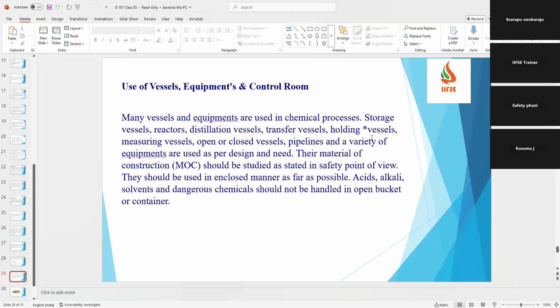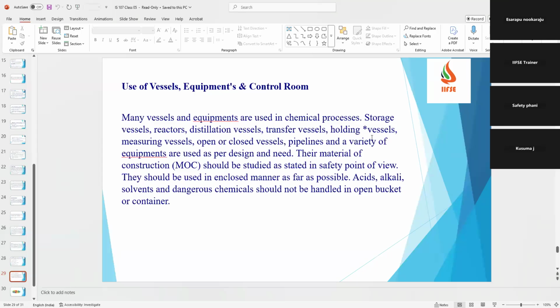Basically, their material of construction, like MOC, should be studied from a safety point of view. They should be used in an enclosed manner as far as possible; acids, alkalis, solvents, and dangerous chemicals should not be handled in an open bucket or container.